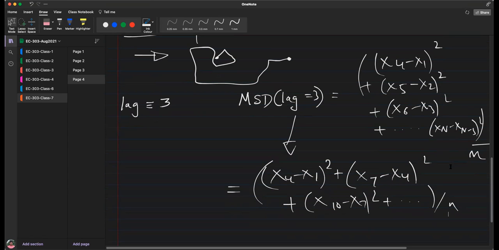Now tell me which is a more accurate way of doing it. Which is the right way of estimating MSD for lag 3? The second one. Why use the first one? Not good, because in the first one you're having overlapping windows, so they're not independent. Absolutely. So x4 minus x1 is not independent of x5 minus x2.